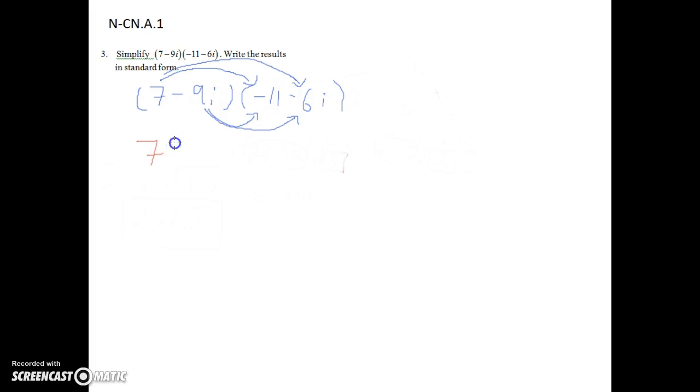So 7 times negative 11, plus 7 times negative 6i, keep going, minus 9i times negative 11, minus 9i times negative 6. The pluses and minuses come from whatever sign that number is. Positive is plus, negative is minus.